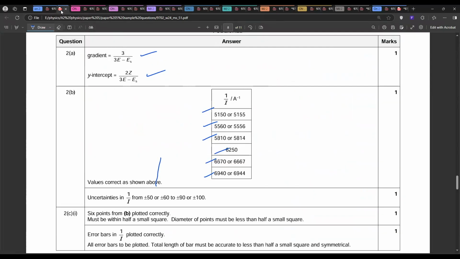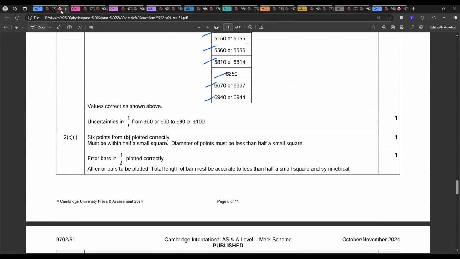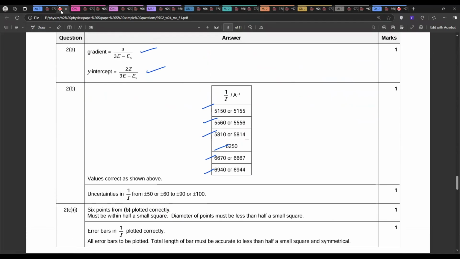So if you see, the examiner has given you a range of uncertainties, and this will be a regular occurrence. Examiner will not give you the uncertainty for every row. It is very, very rare that the examiner puts in the uncertainty in every row. Instead, the examiner will give you a range of uncertainty.